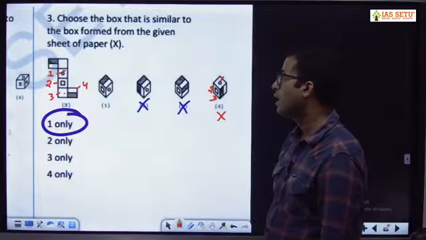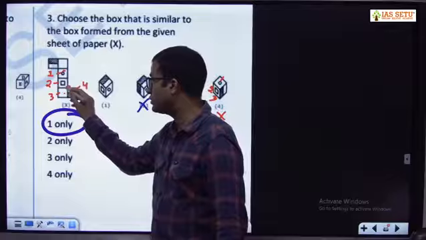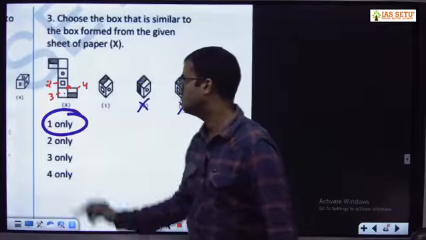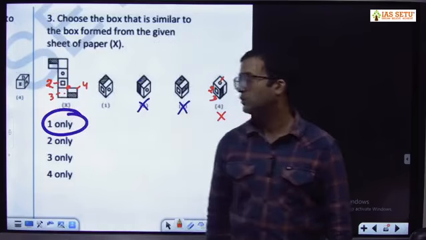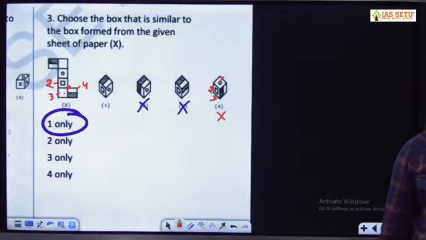Okay, now what do we have to do? You have to focus on the vertex that connects 2, 3 and 4. Have I told you, if a vertex is common to faces, those faces will be adjacent.